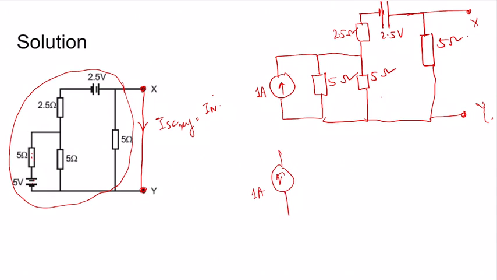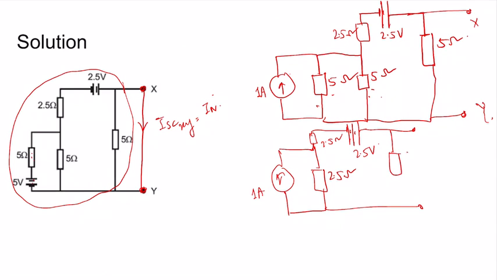Now this is 1 ampere and this is 2.5 ohms, the parallel combination of these two, so 2.5 ohms, another 2.5 ohms, and you have this battery of 2.5 volts. Now we have 5 ohms, again 1 ampere and 2.5 ohms.